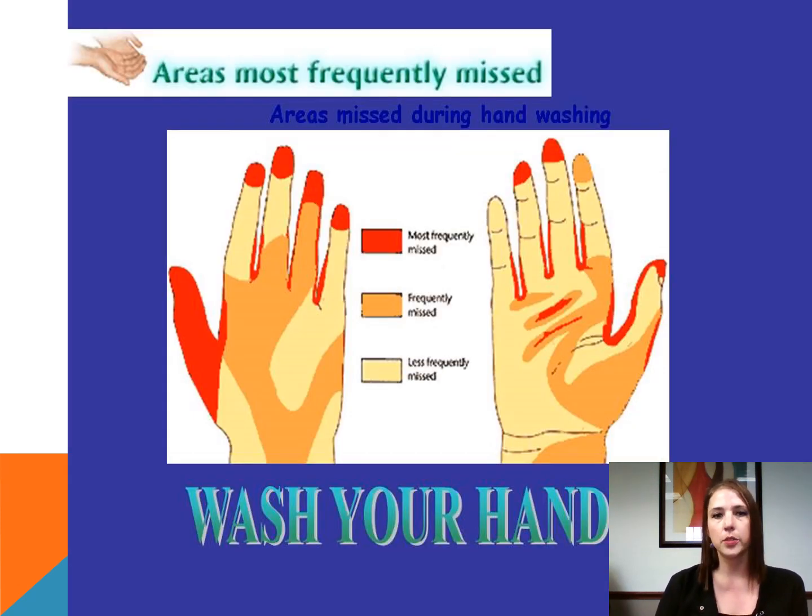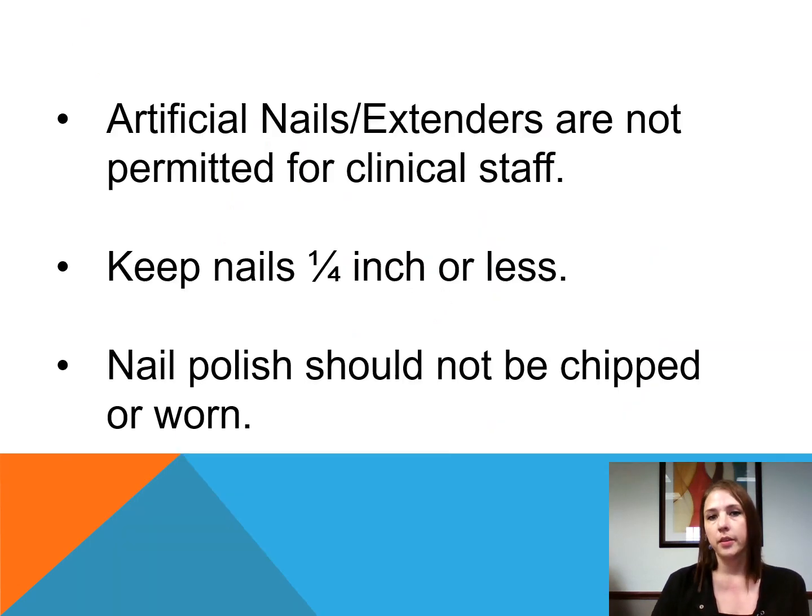These are the areas most commonly missed when hand hygiene is performed. For some reason, a lot of times the areas between the thumbs are missed, as well as the fingernail area. As far as fingernails, artificial nails or extenders are not allowed for people who work in patient care areas.